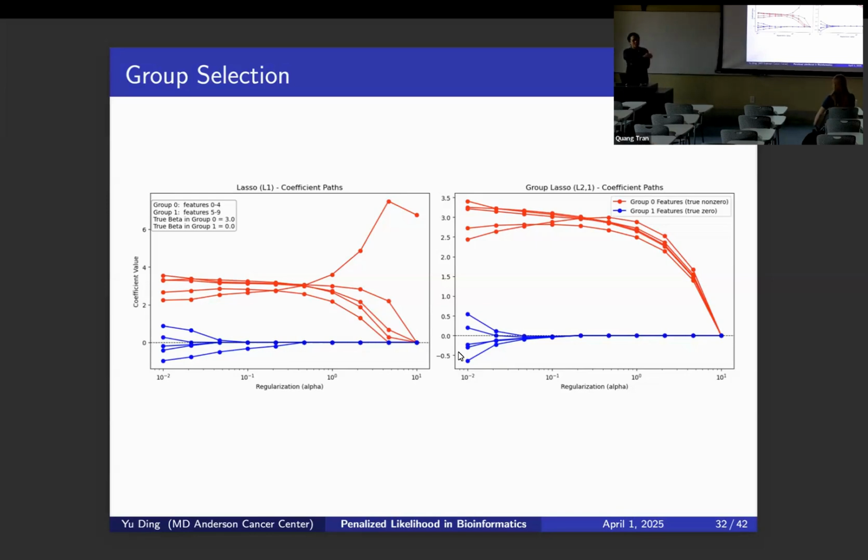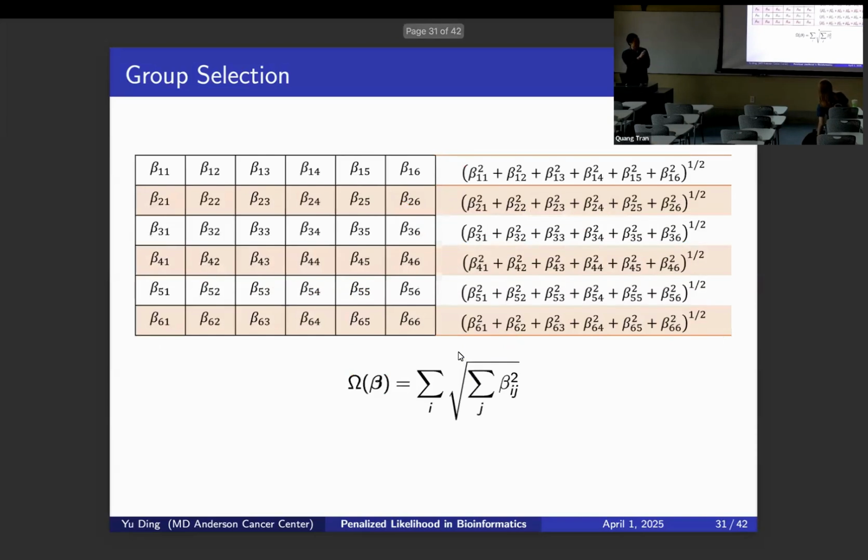Okay, so this will be one of your homework. If you lack the idea of group selection, then please take a look at these slides and think about how to package group by group, how to package each group. As I said, I would like to repeat. In this case, we package row by row and select row by row.